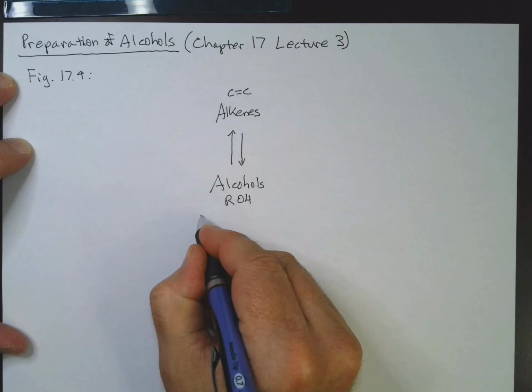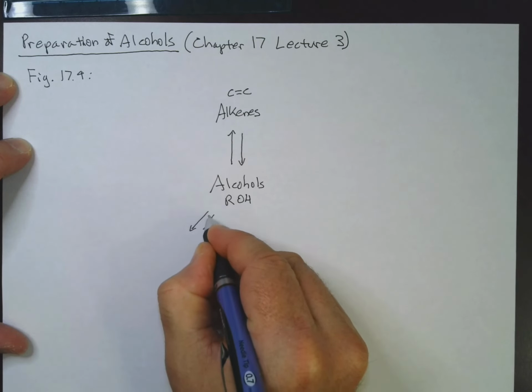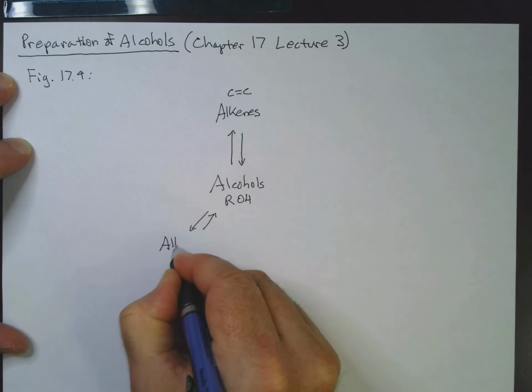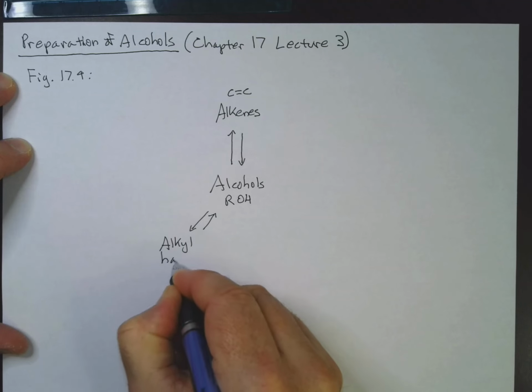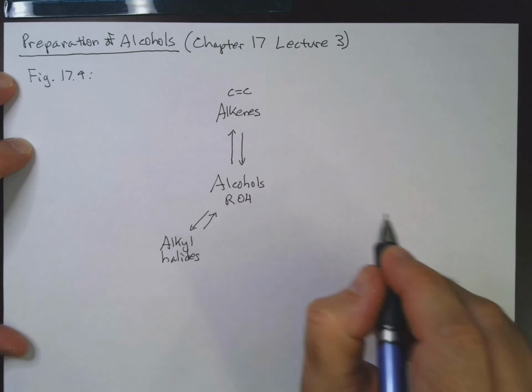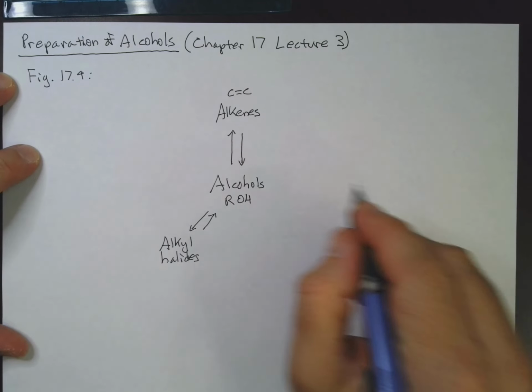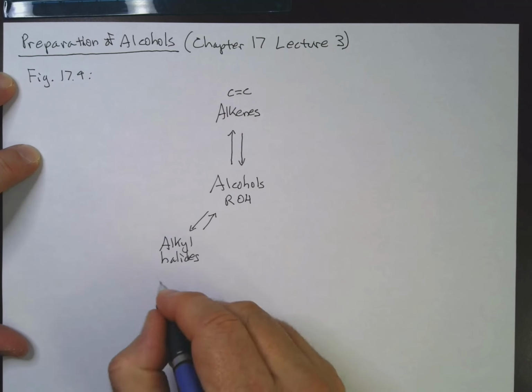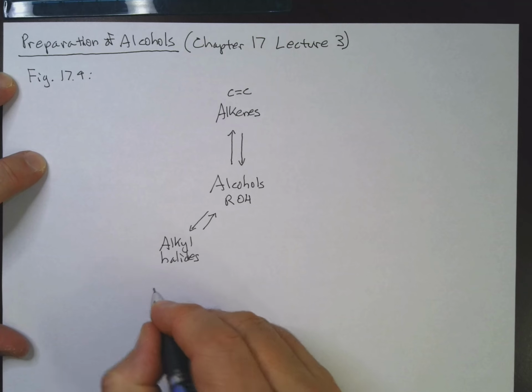And we've actually seen some ways to convert alcohols into alkyl halides and alkyl halides into alcohols. That was chapter 10.